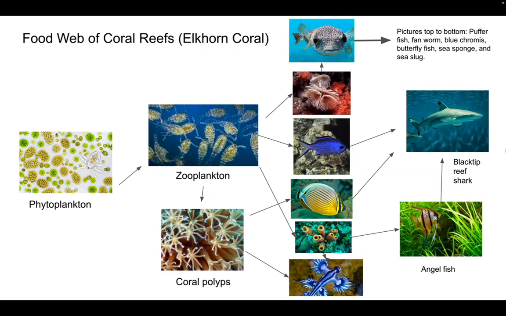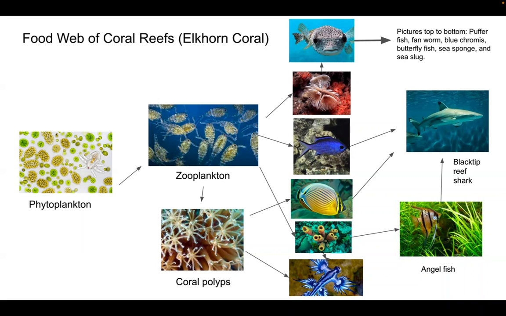So this here is the food web that I made for the elkhorn coral. The elkhorn coral has a mutually beneficial relationship with microscopic algae, from which it also gets energy from photosynthesis during the day.